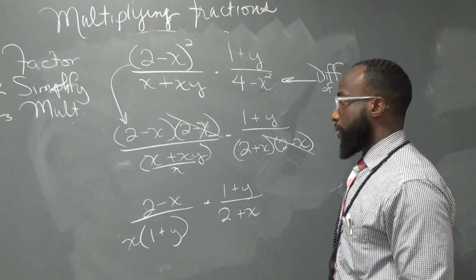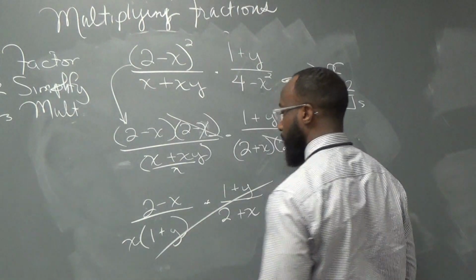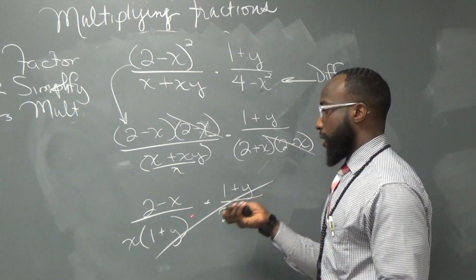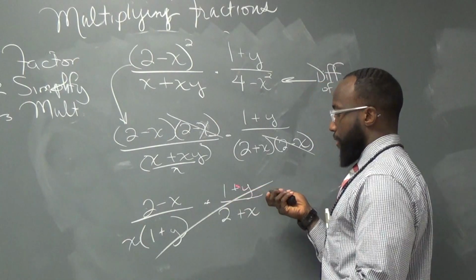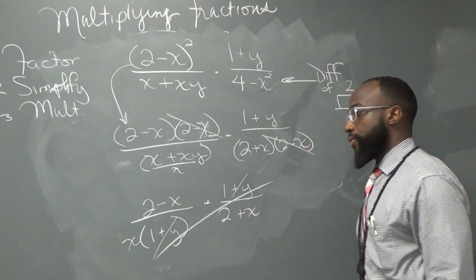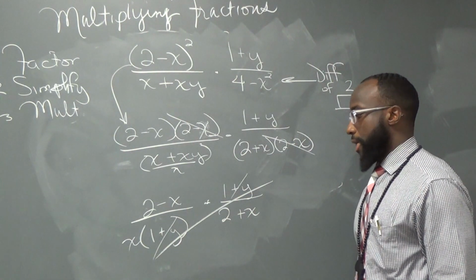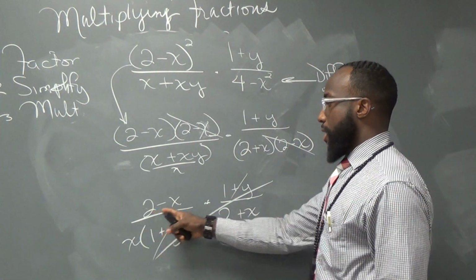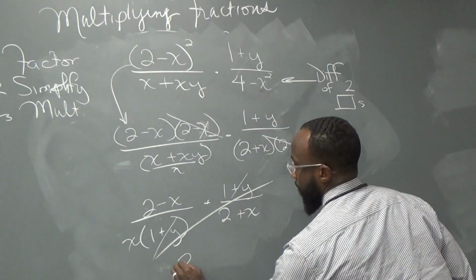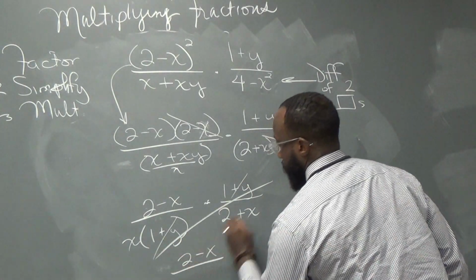Now, let's try to simplify these two. There looks to be like values, so these two will cancel as well. And now you'll just end up multiplying this across. So now let's rewrite it. We have 2 minus x, because these are 1.